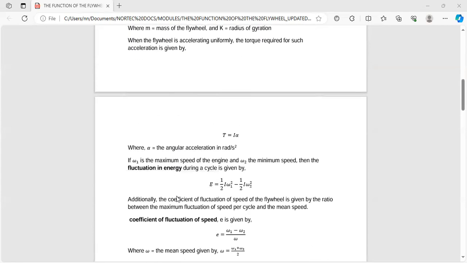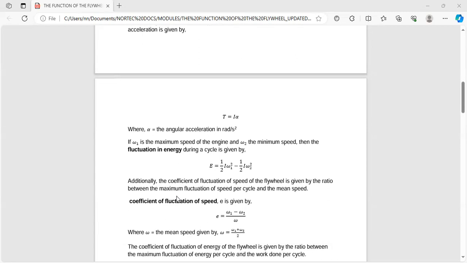In case you're looking for torque, torque is normally given by the product of that moment of inertia multiplied by the angular acceleration. Meaning this could be for a flywheel which is increasing the speed or accelerating. Sometimes it could also be decelerating. Traditionally we're used to finding that omega-2 is the final speed or the maximum speed.